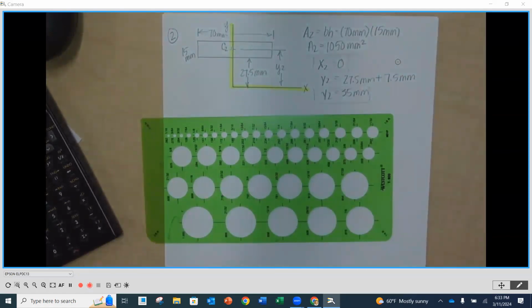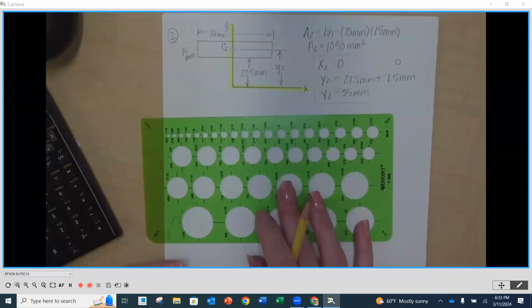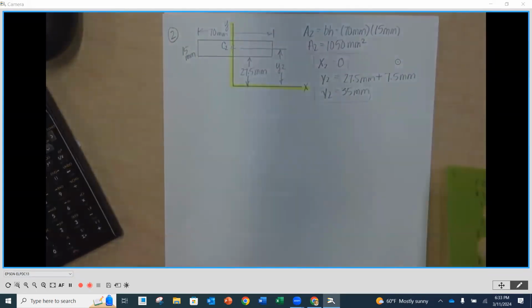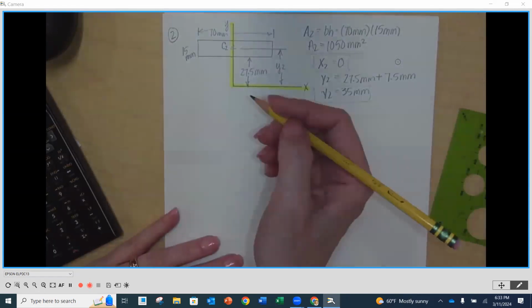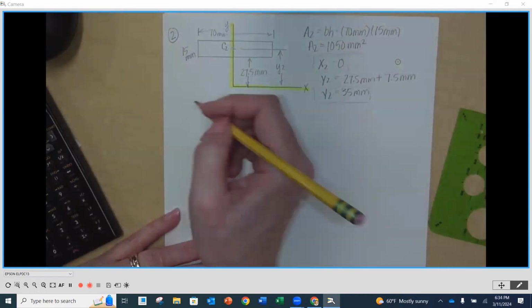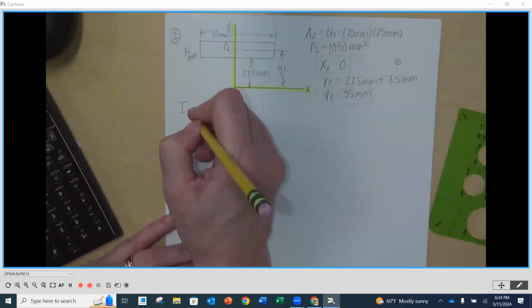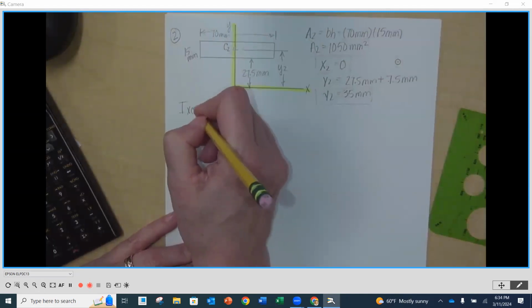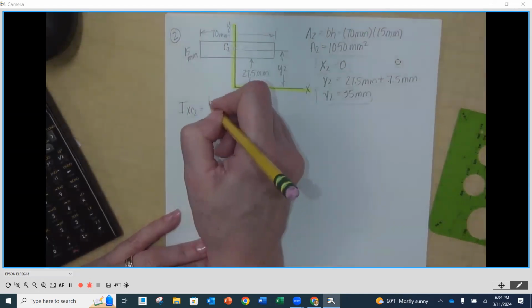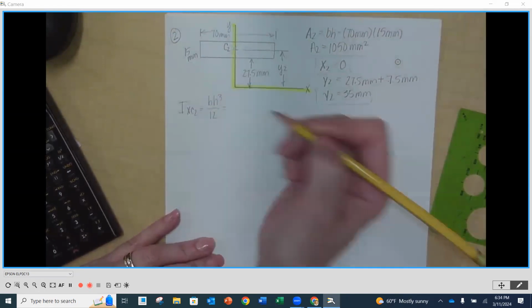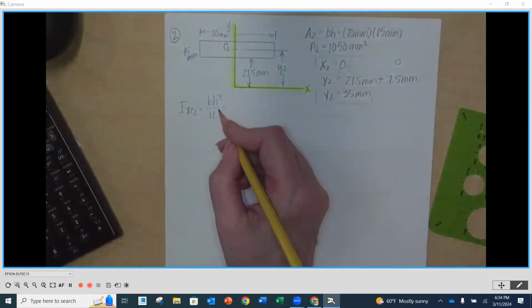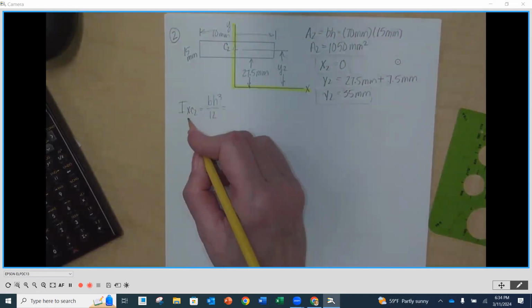All right. As long as we're here, we might as well do our IXC2 and our IYC2. Again, a rectangle. You're going to remember the moment of inertia equation for a rectangle: base times height cubed divided by 12. My base has to be parallel to the axis I'm summing around.